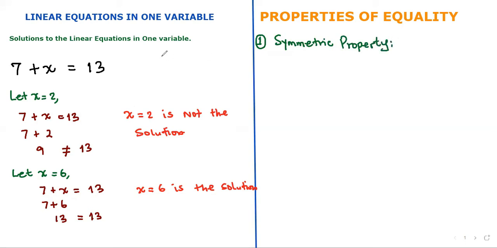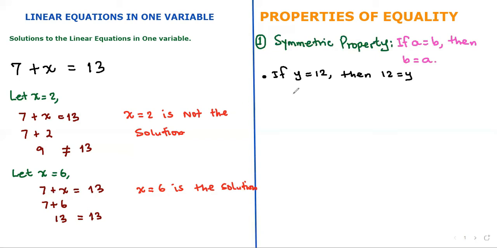Okay. Now, the symmetric property says that if A is equal to B, then B is equal to A. You see, if A is equal to B, then B is equal to A. When we try to apply this, we can say that if y is equal to 12, then 12 is equal to y.